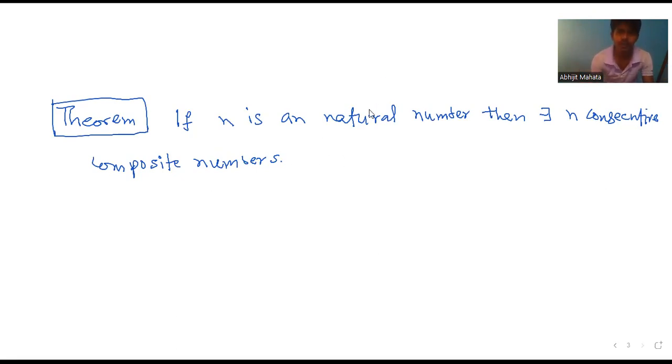The proof is very easy. The proof will use the factorial. So let me write here.